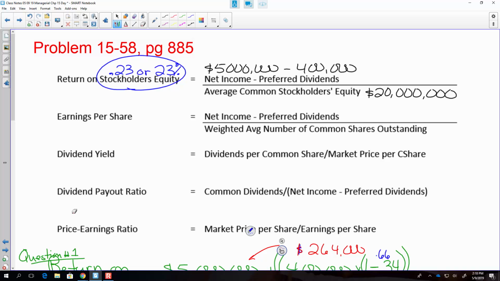That's our stockholders' return on equity. So a pretty good return for their investment, right? Remember, the investors invested $20 million into the operation, and they're getting a 23% return on that investment. Not bad.